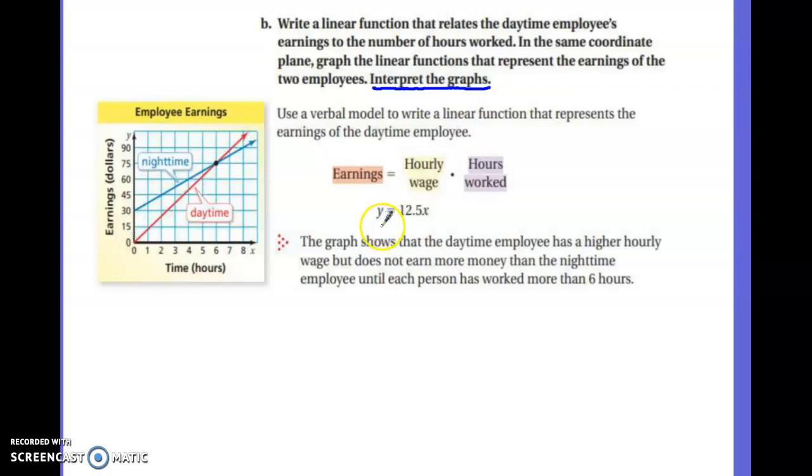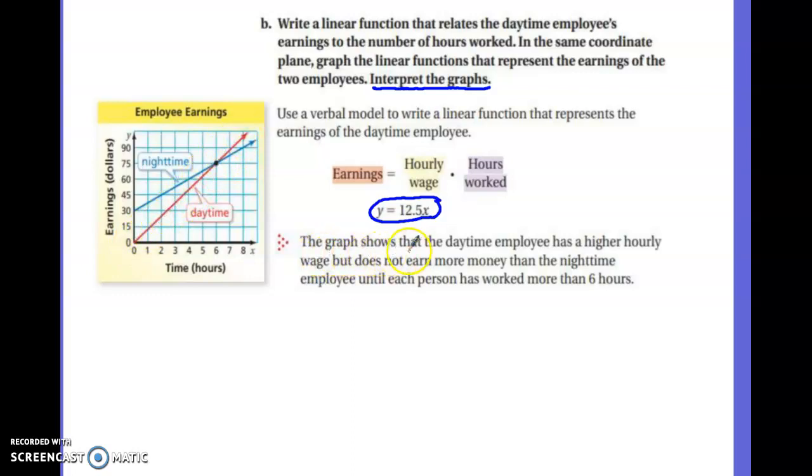So it does make sense that y, their earnings, equals their hourly wage, which is 12.5 or $12.50 per hour. And if you remember from a previous chapter, this here does represent a direct variation or proportional equation. And we remember that those always start at the origin.